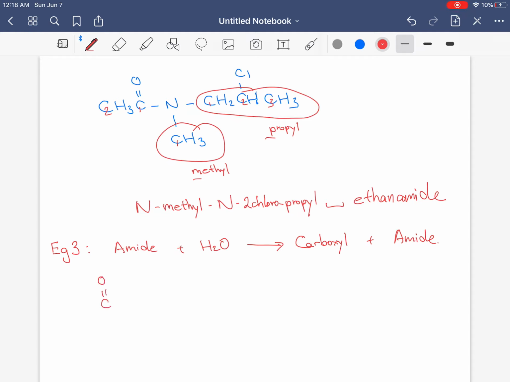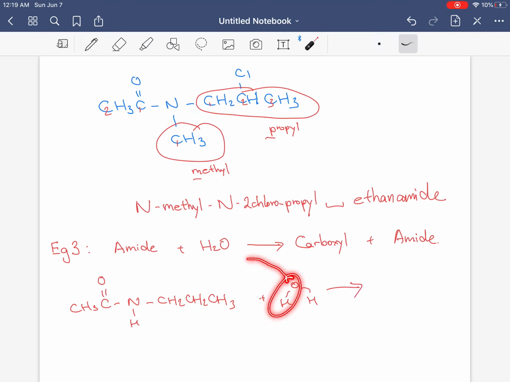So amide. We have this amide right here. Okay. So N-propylethanamide. If you were to react this with water, hopefully you know that OH will come over here and connect to carbon.